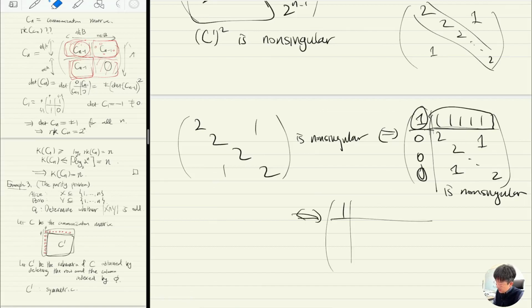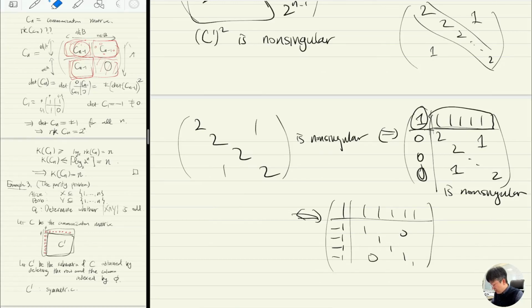Now, by using elementary row operations, I can subtract the first row from the other rows. So I have a matrix like this, and the top one is non-singular if and only if this is non-singular.